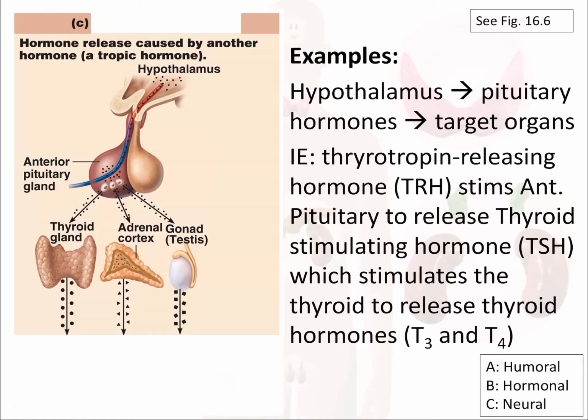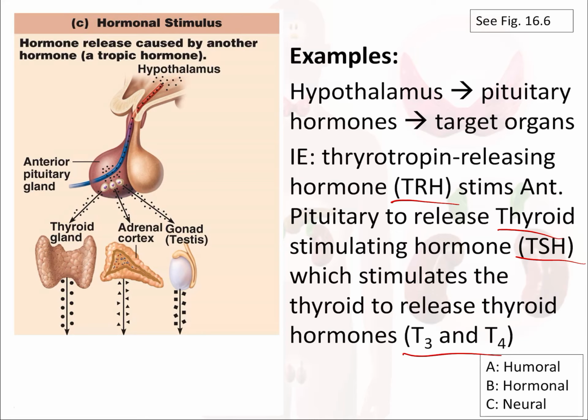Okay, so one example here is thyrotropin releasing hormone, TRH, stimulates the anterior pituitary gland to release thyroid stimulating hormone, TSH, which stimulates the thyroid gland to release thyroid hormones. Okay, so that's an example of a hormonal stimulus.